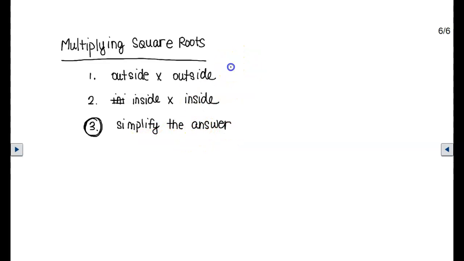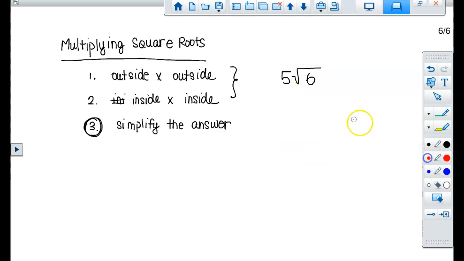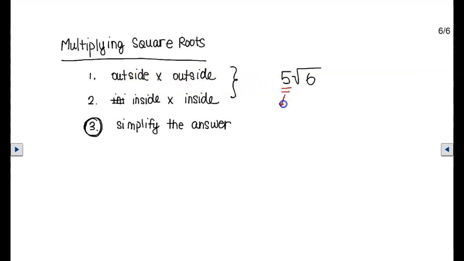Now, on these top 2 steps up here, let me make sure we're clear on something when we talk about outside and inside. When we have something like 5 square roots of 6, when I talk about outside, as in outside times outside, this 5 is the outside number.